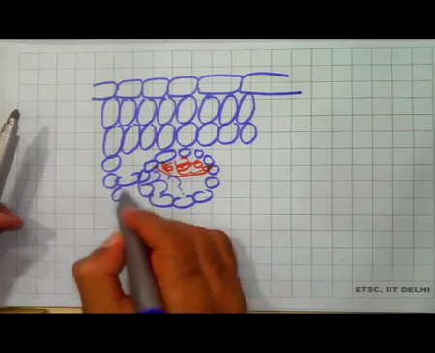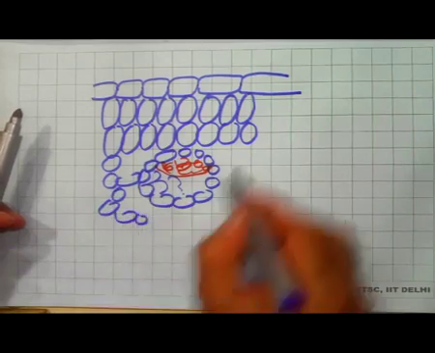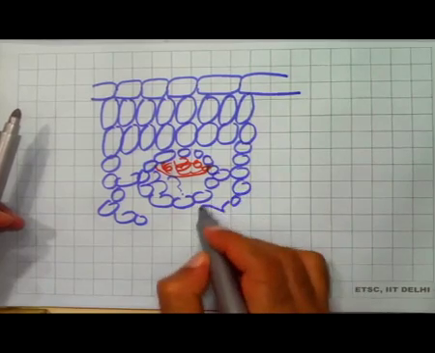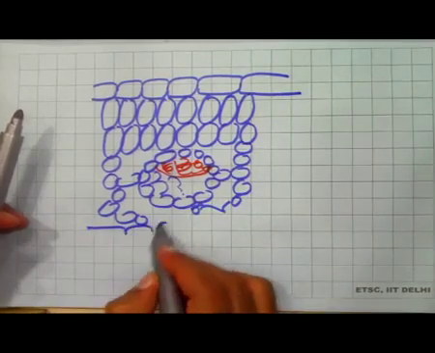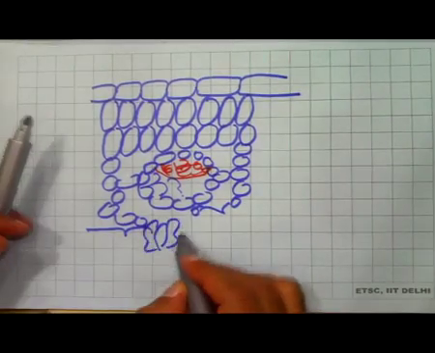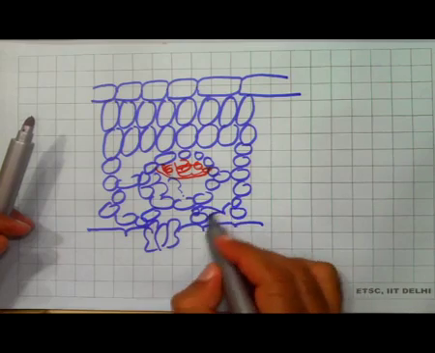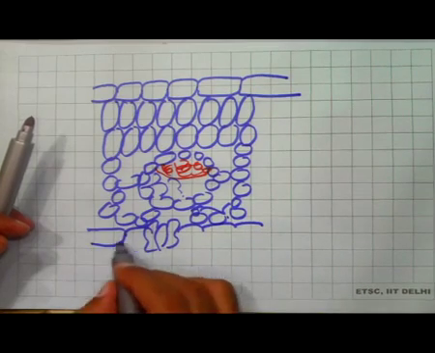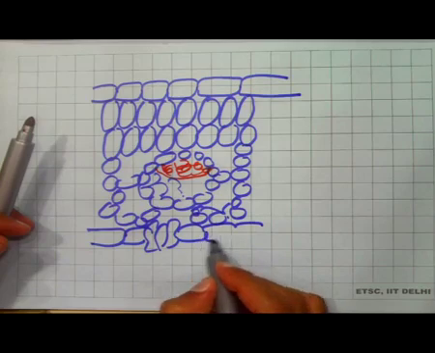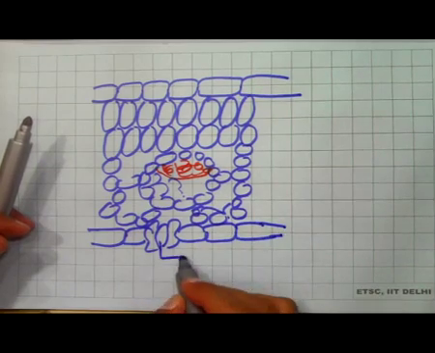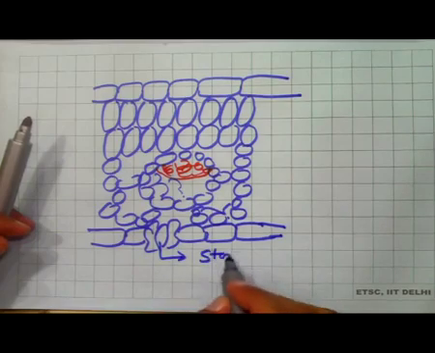There is a loosely connected tissue called spongy parenchyma, and finally there is the lower epidermis, where most of the stomata are.